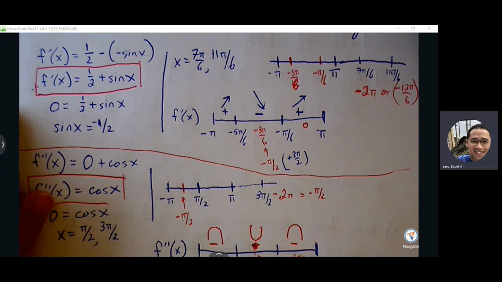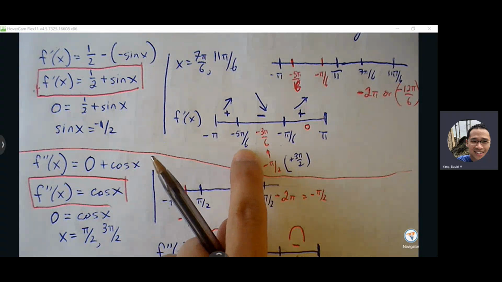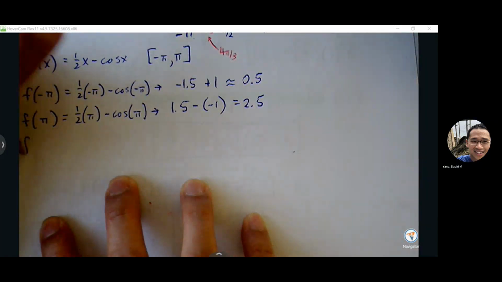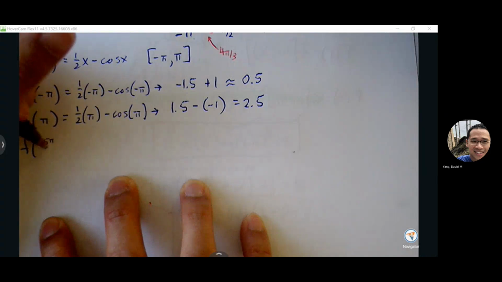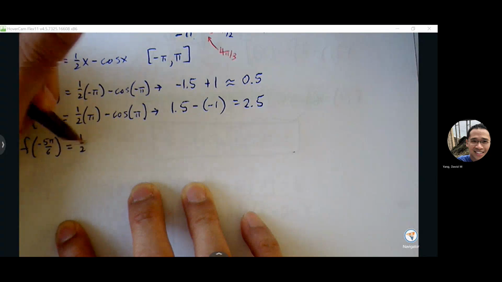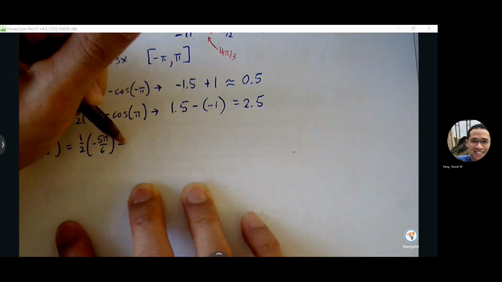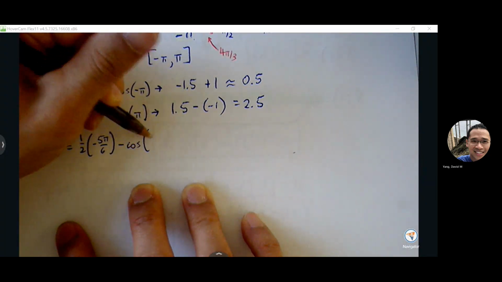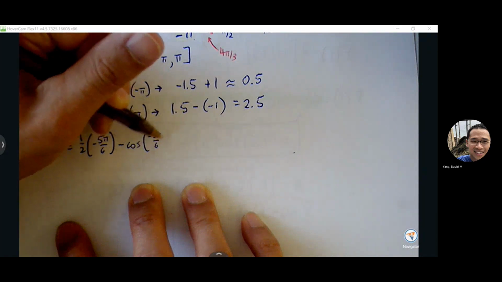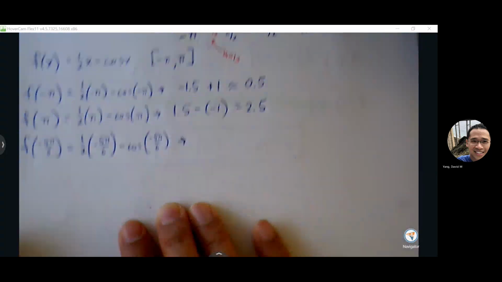Because they could potentially be an absolute max or absolute min, we want to know where they are. So we expect a relative max at negative 5 pi over 6, right? And a relative min here. Okay, so negative 5 pi over 6.